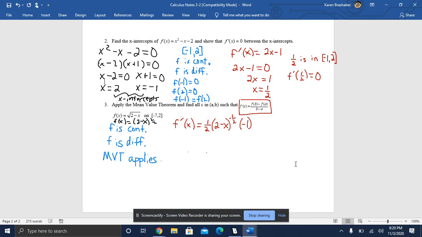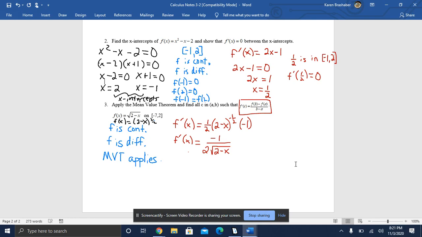So the derivative of negative x would be negative 1. I might want to clean that up just a little bit. So it's negative 1 times 1/2. I'm going to put that negative 1 in the numerator. I'm going to put the 2 in the denominator. And since I have a negative exponent and it's a fraction, I'll write it as a radical in the denominator. So f prime of x is equal to negative 1 over 2 times the square root of 2 minus x.